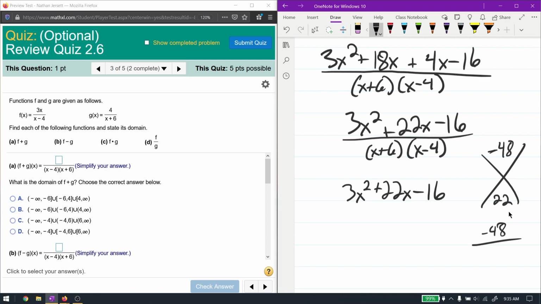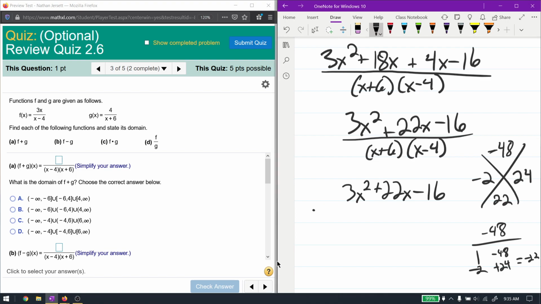Let's see, it's going to be 4 times 12. I'll just start off with 1 times -48, 2 times -24, and there we go, actually. This will give me -22, but then I can flip those to give us +22 when we add them.